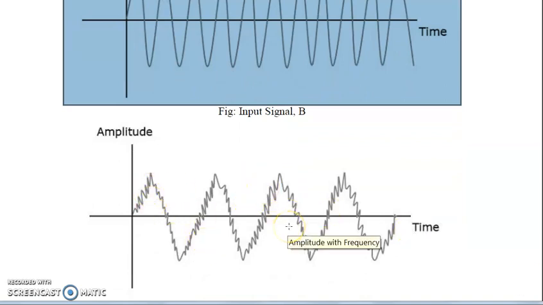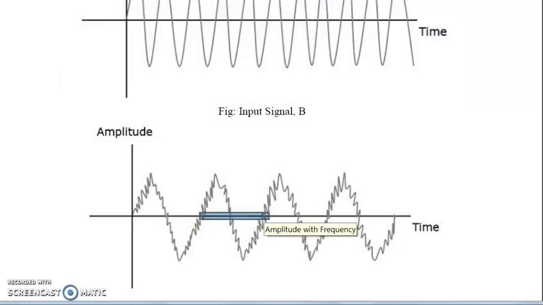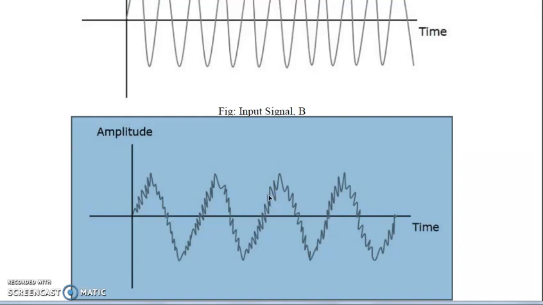You are watching that there is one frequency, and from this point to this point is a time period. At the same time, you are watching the signals like that. This is one complete wave. This is another frequency. So this is the mixed signal.